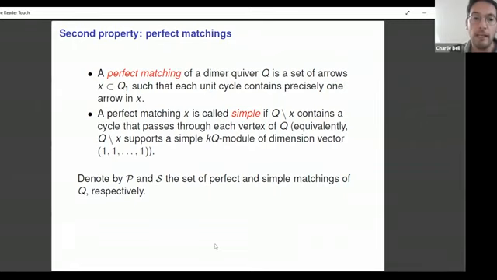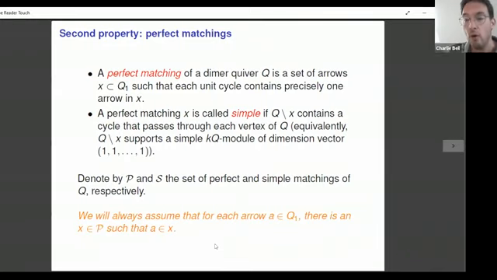And we denote by script P and script S the set of perfect and simple matchings of Q. One side note is that we always assume that each arrow is contained in some perfect matching, and this is called non-degenerate. So it's just an assumption: you always assume each arrow is in some perfect matching.